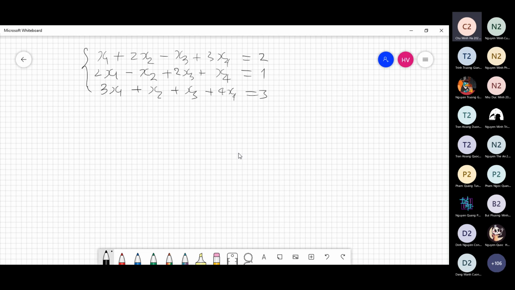So firstly, we write the augmented matrix. It is combined by the coefficient matrix first, and then the column.